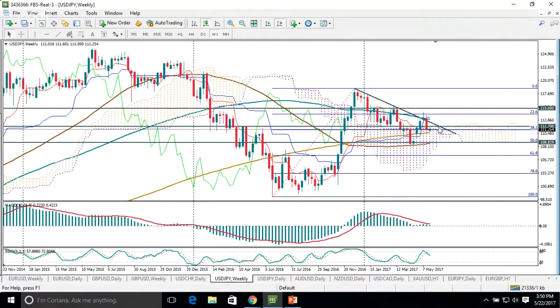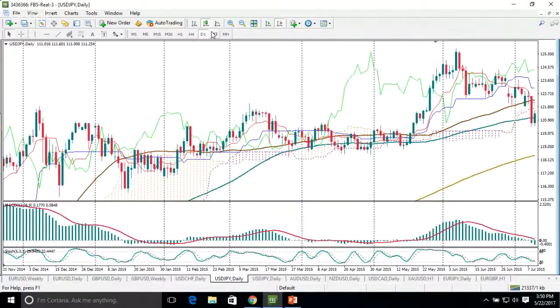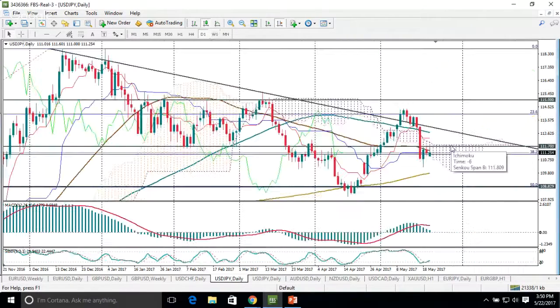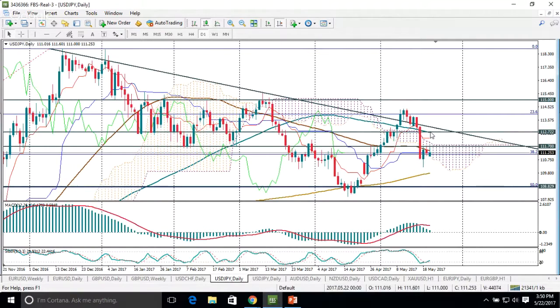On the upside, the pair has resistance levels around 111.70, the first resistance, and then we have the 100-day moving average around 112.70. So these are the levels to focus on.